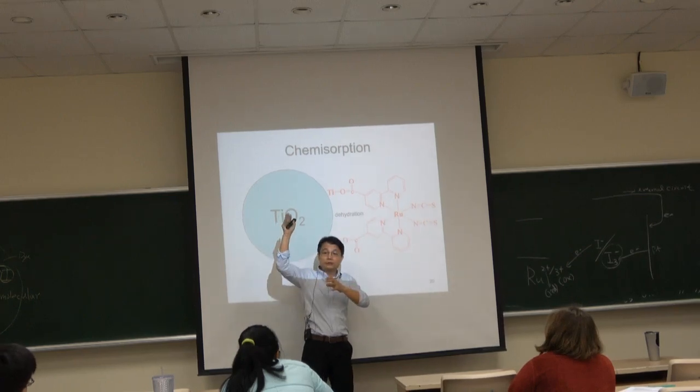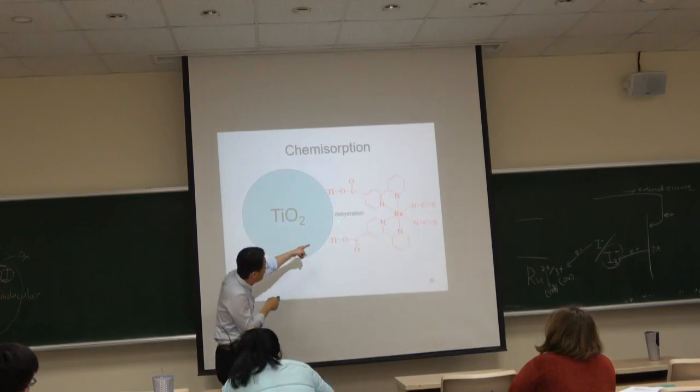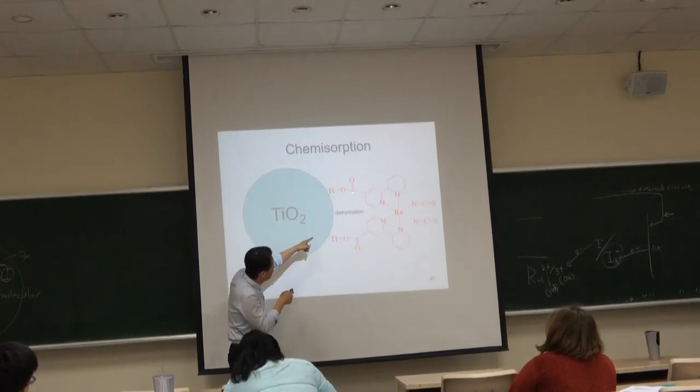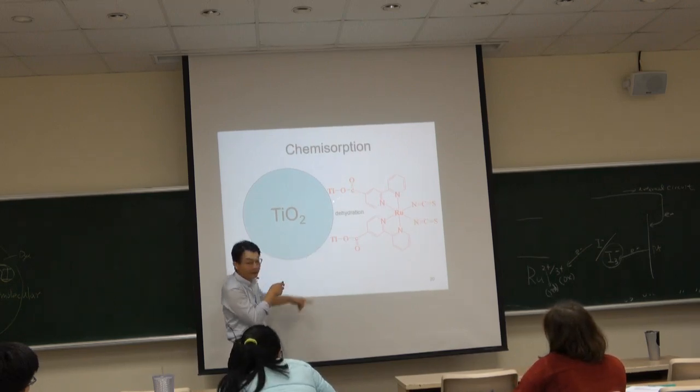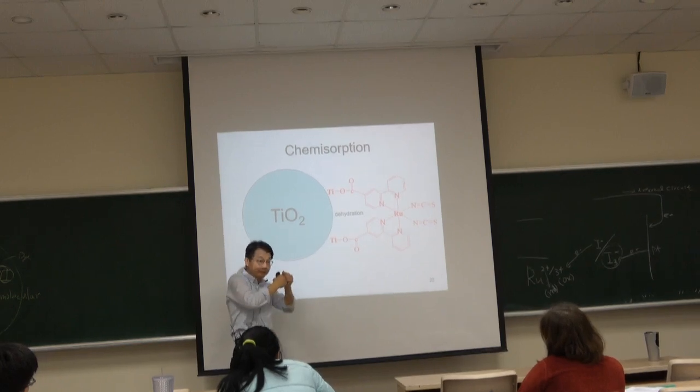Therefore the OH bond will release, dehydrogenate, and then it becomes bonded to the TiO2. This is a double bond C.